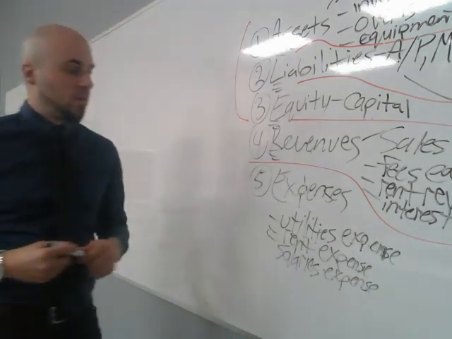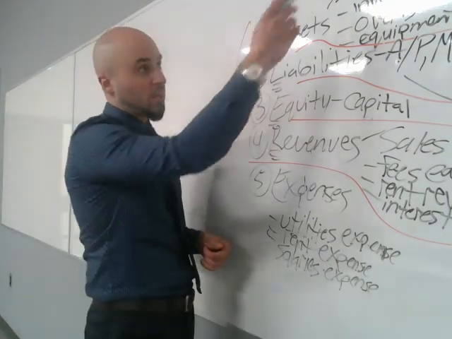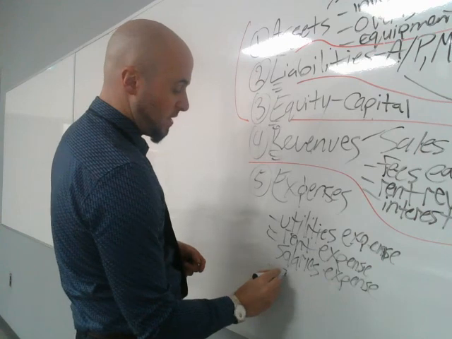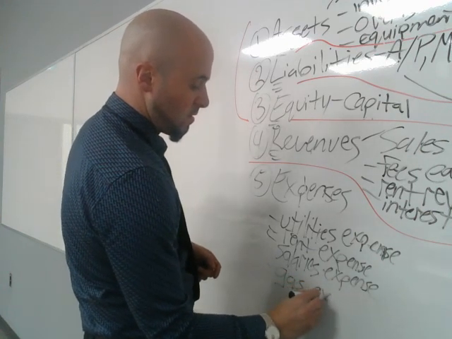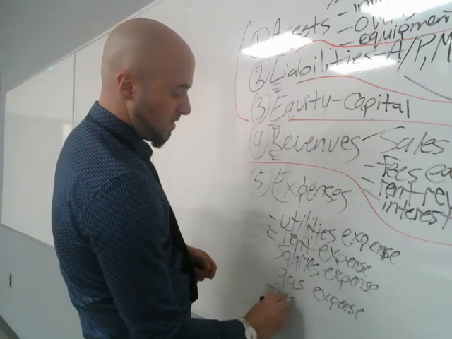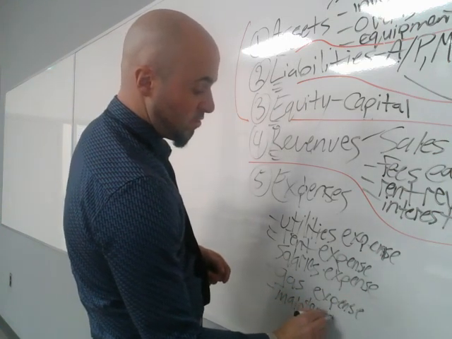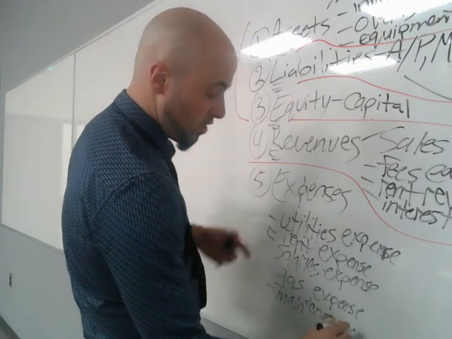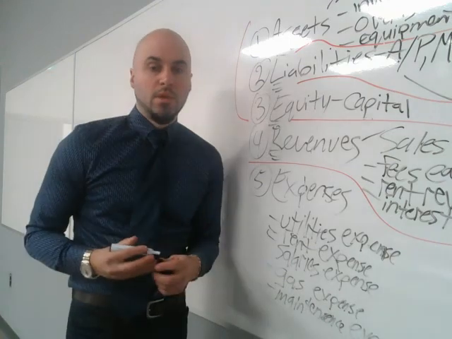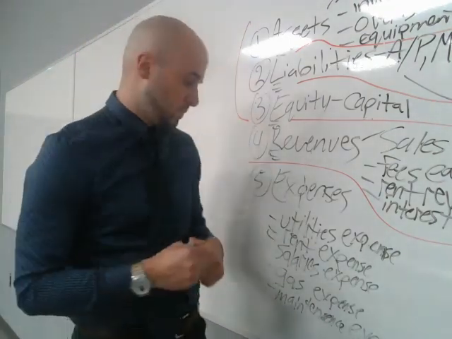Okay. Any expense that you can think of. If we have vehicles as part of our business, then gas expense. Maintenance expense for, you could say, related to the vehicles or the machinery or the equipment. All of that.